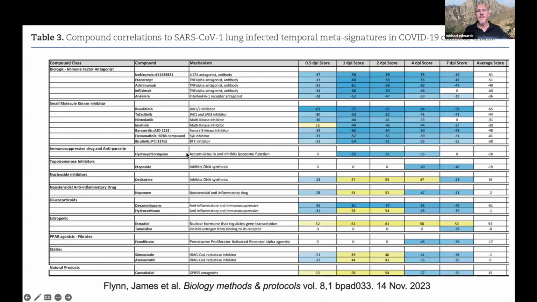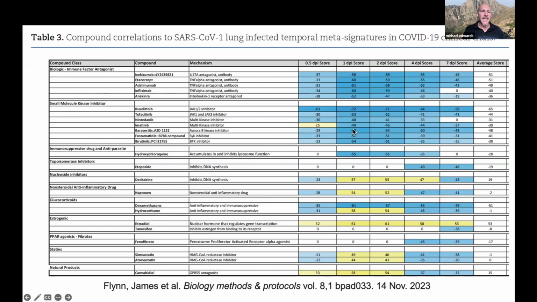And here's just some of the other compounds that we found. Again, in mice, different virus, looking at genes that change, compounds that will reverse that change. And sure enough, everything they're using in clinical trials tends to show up in our screen as well. But obviously some of these, like this estradiol, seem to have a terrible effect.